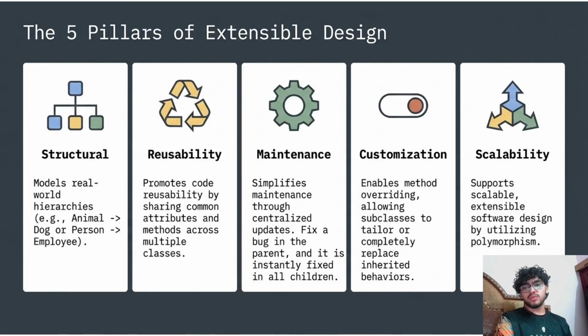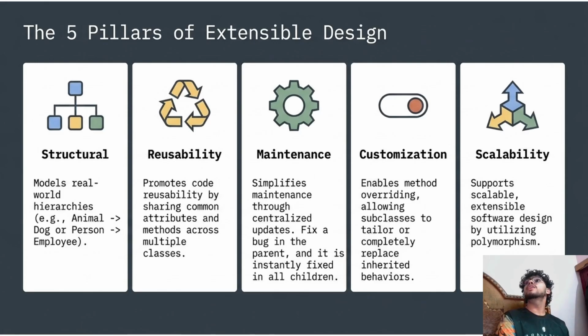So why use inheritance? First, structure: it models real-world hierarchies like animal to dog, or person to employee, then employee to something else. Then reusability: it promotes code reusability by sharing common attributes and methods across multiple classes.